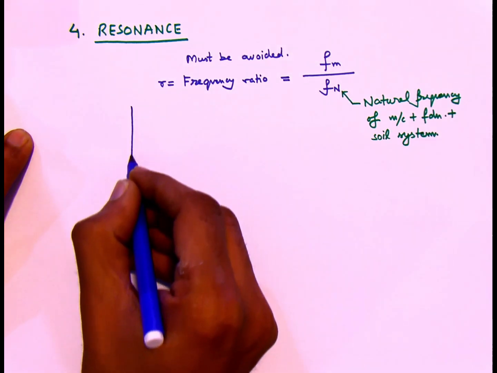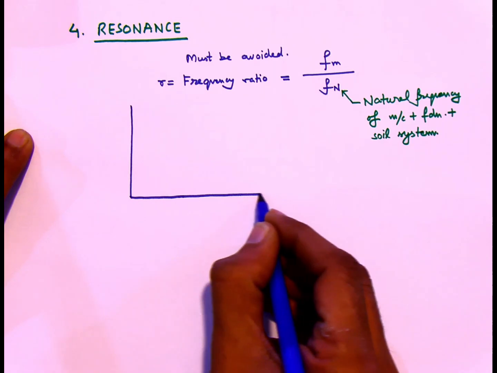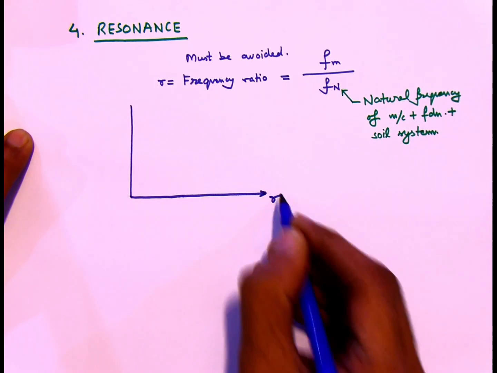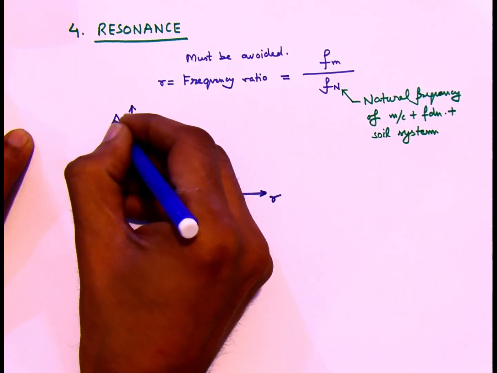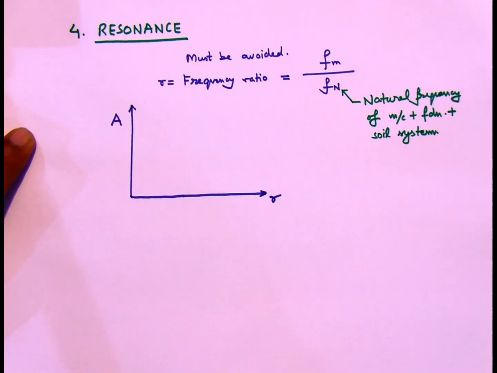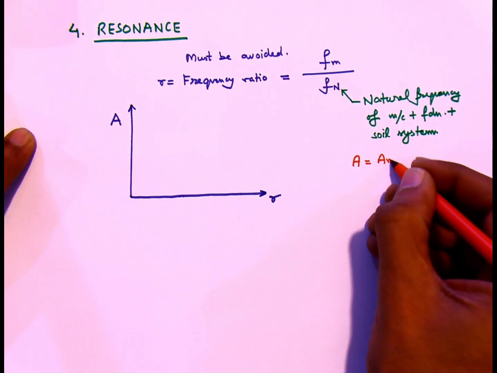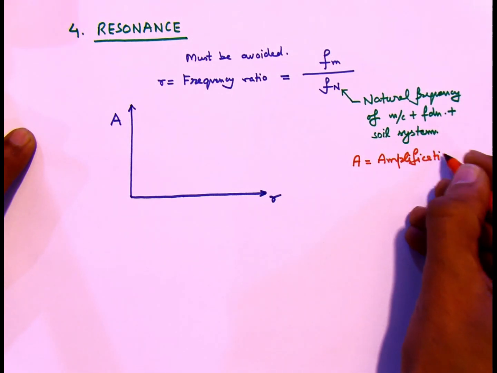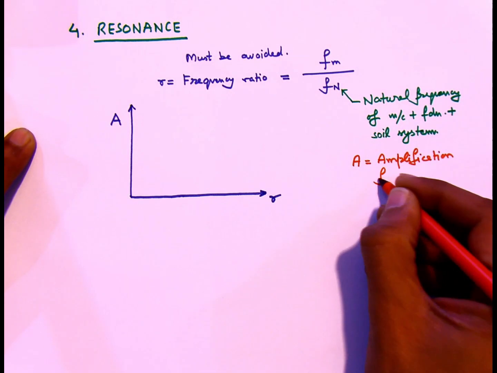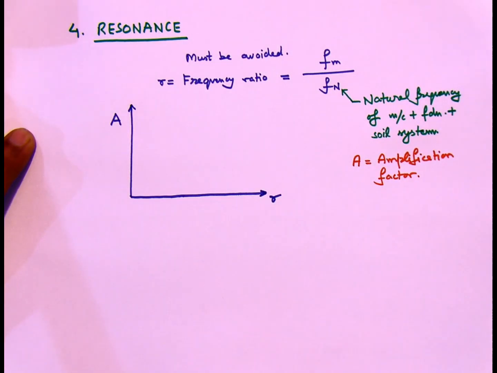You must be aware of the amplification factor in the case of a single degree of freedom system under external force. This concept you must have studied in your structural dynamics course. So if we draw a plot of the amplification factor A as a function of the frequency ratio R, we get a plot something like this.